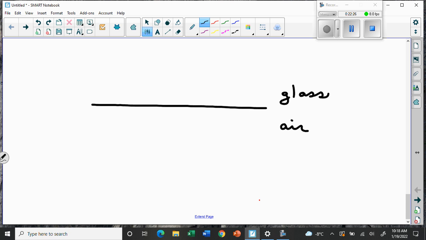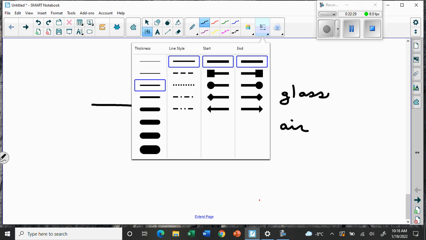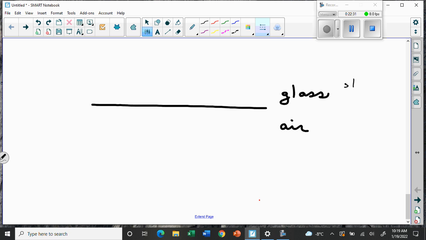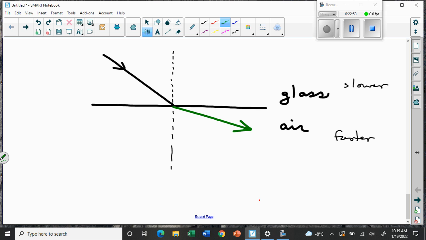Right? Doesn't matter. And of course, in this case, the glass is the slower one, and the air is the faster speed. So what happens here is when the light ray comes in like that, if we draw our normal line, we saw from the picture before that it tends to bend sort of this way. It went faster and therefore bent the opposite way. Here's the line that the light was going on before, and you can see that it has bent this way, which means it's bent away from the normal line.